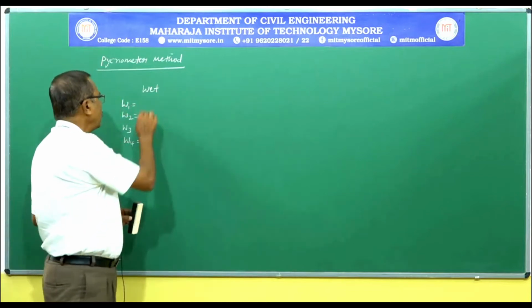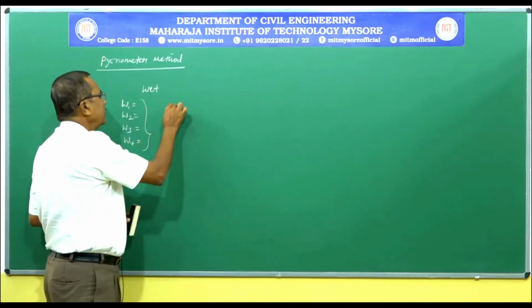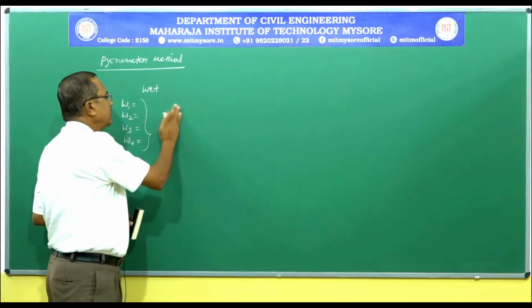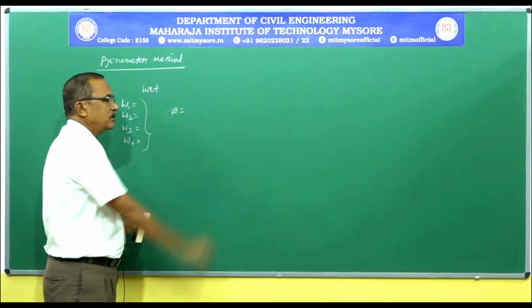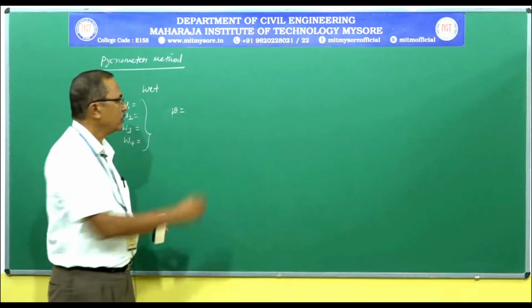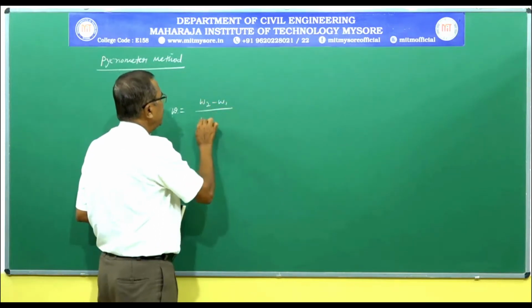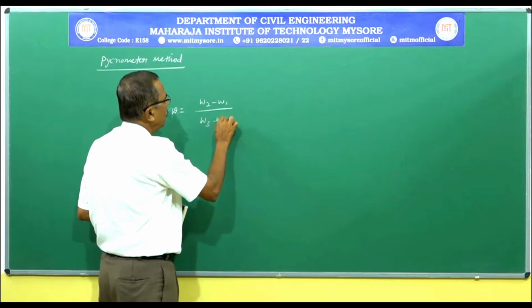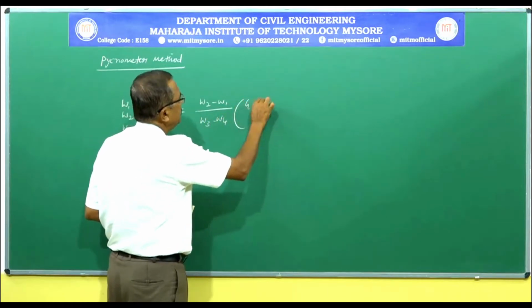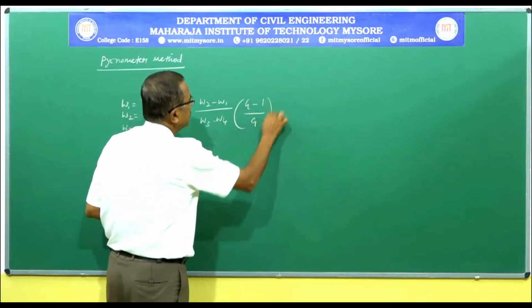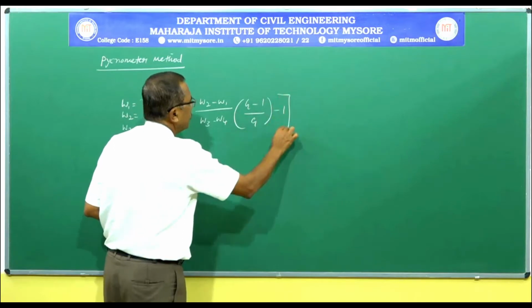So with these four observations, we can calculate the water content of that soil, which is equal to W2 minus W1 divided by W3 minus W4, into G minus 1 divided by G minus 1.